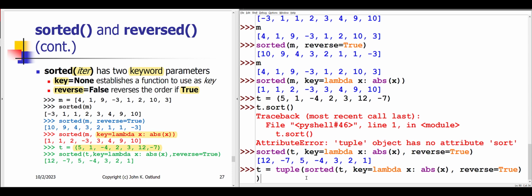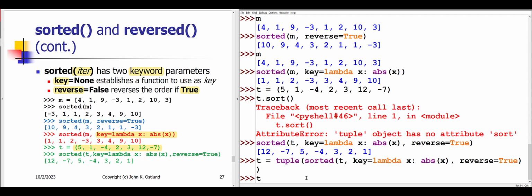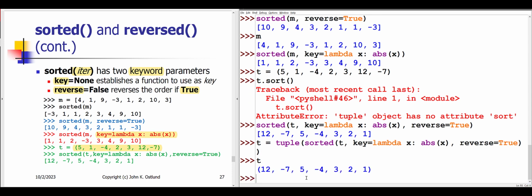All right, and now I have T. Still, T is a tuple. It's technically actually a brand new tuple, and it contains the values of the original tuple T in descending magnitude order.